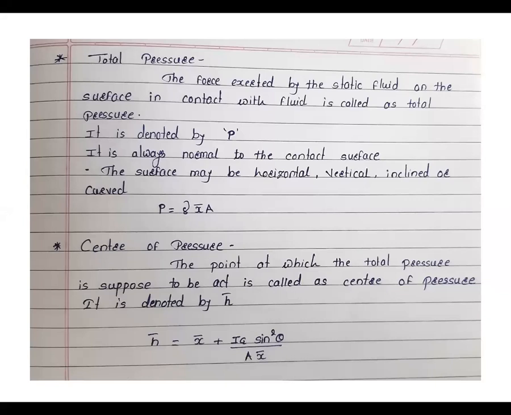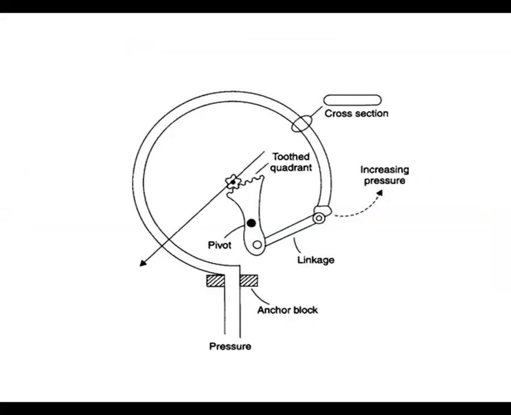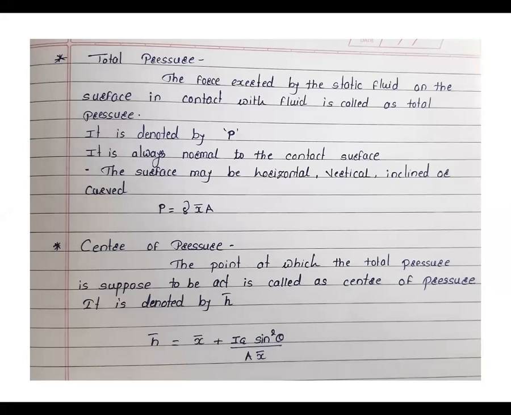In the last lecture, we discussed the pressure measuring devices, and the final pressure measuring device was the Bourdon tube pressure gauge. We discussed how the Bourdon tube pressure gauge works and how it is used nowadays.